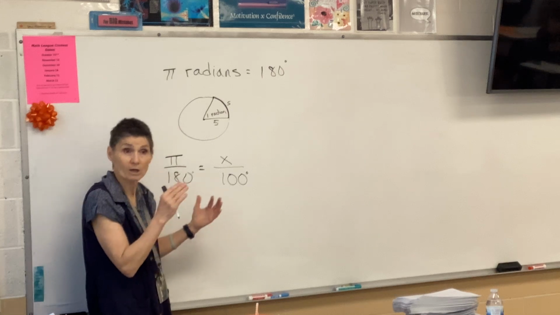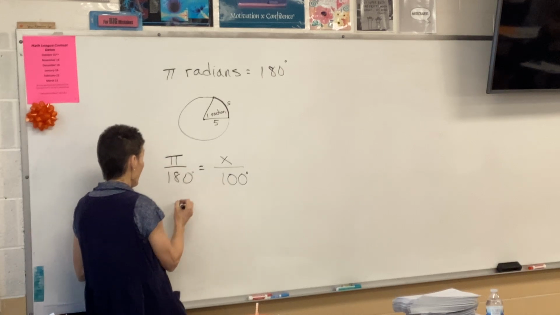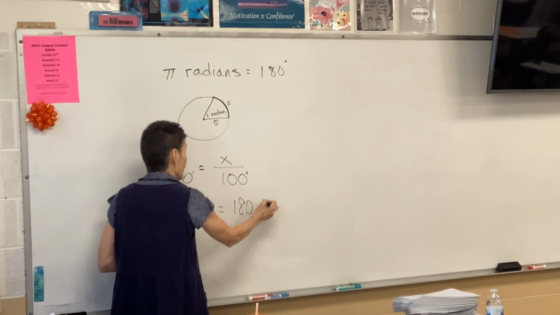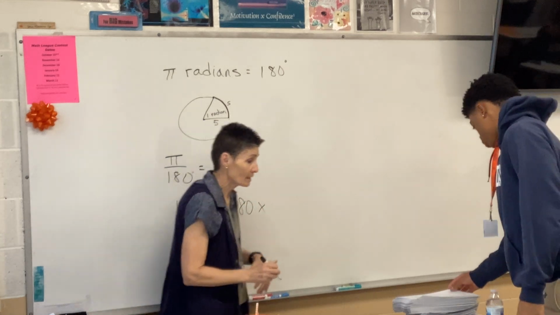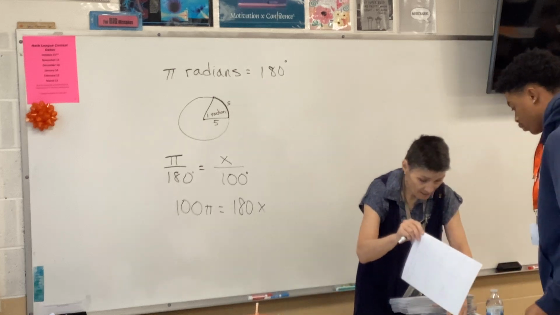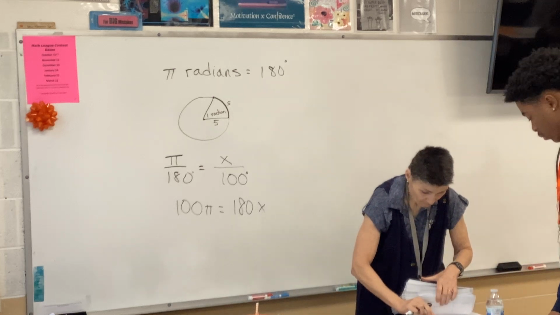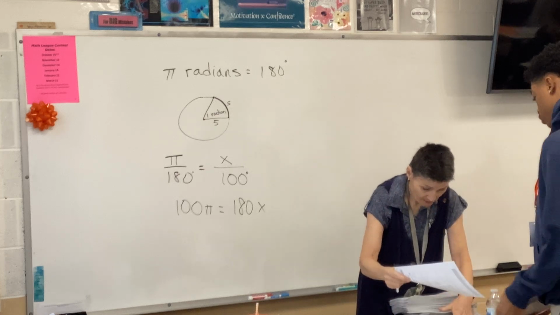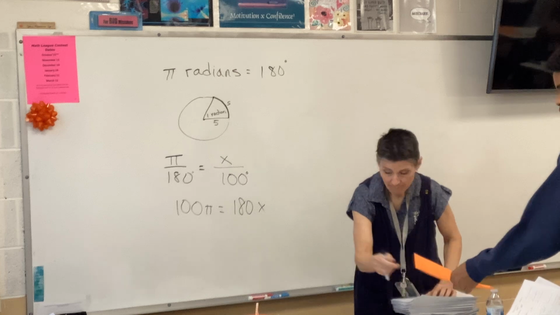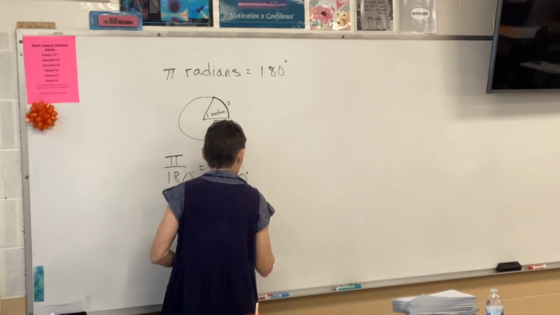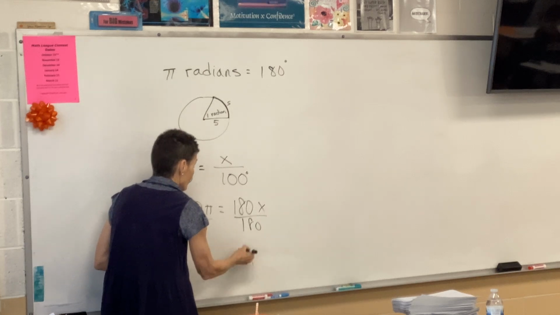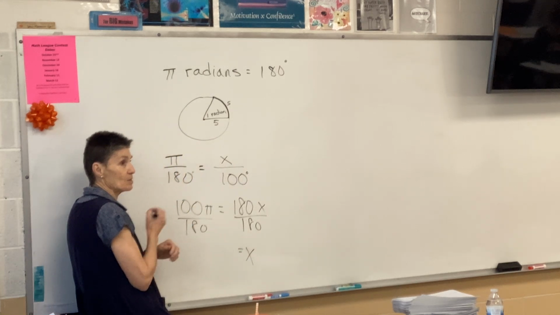Okay, then I'm going to cross multiply. So 100 pi equals 180x. And then if I am solving for x, what am I going to do? Divide, absolutely. And usually, when you do this, you guys, usually there is quite a bit of simplifying that you can do.